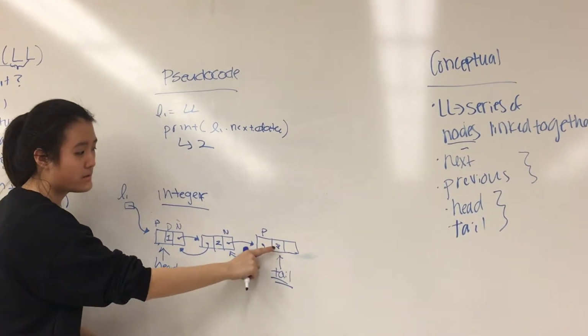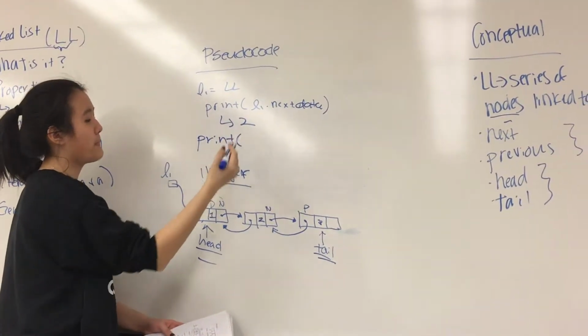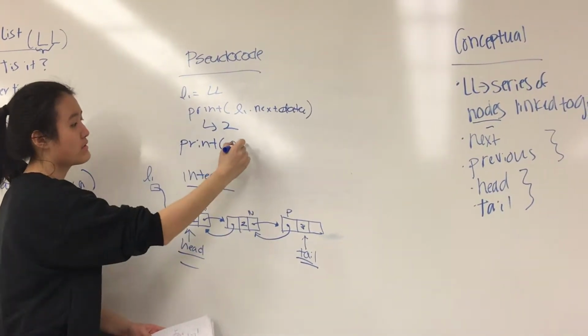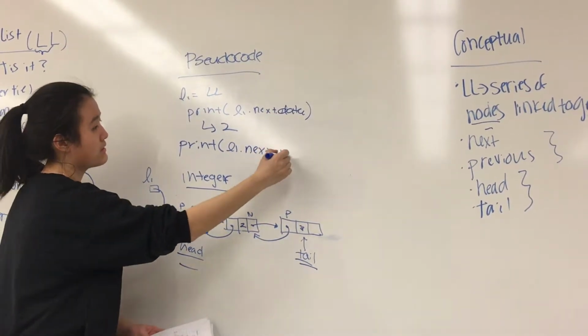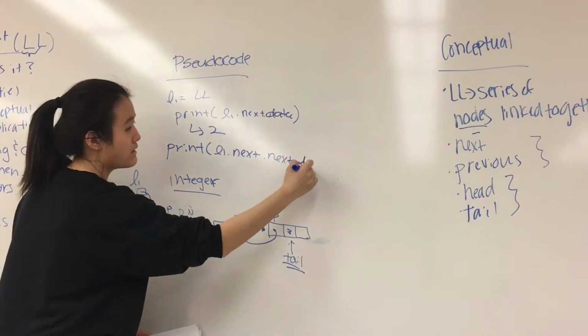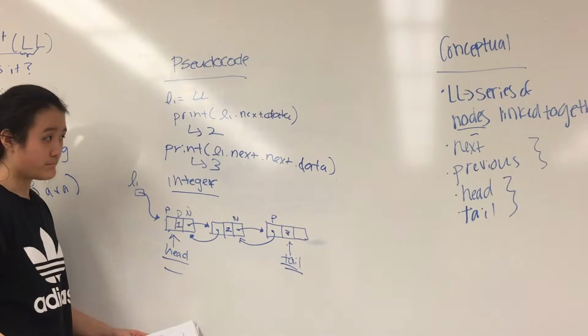So now you're at 3. If we were to write that out, if we wanted to print the data of that, it would be L1 dot next dot next dot data, which will give us 3.